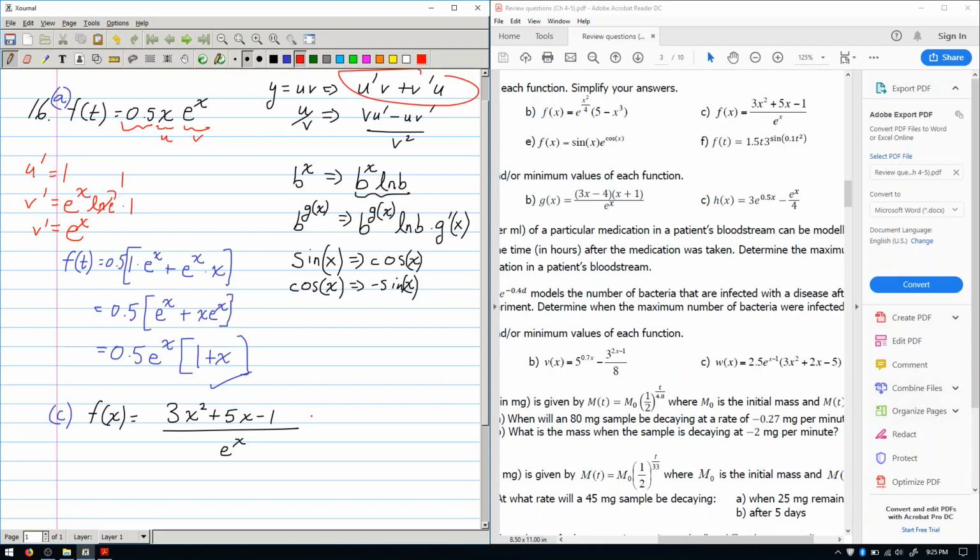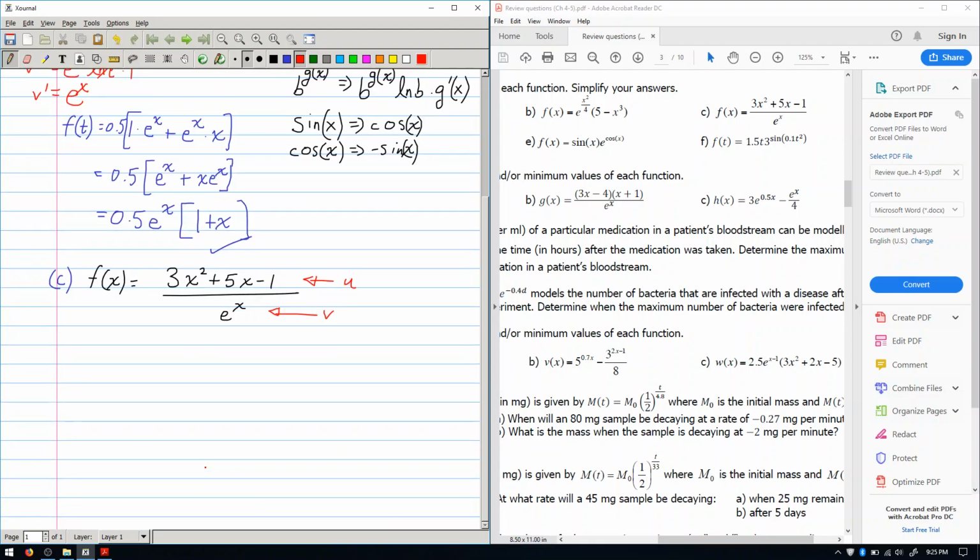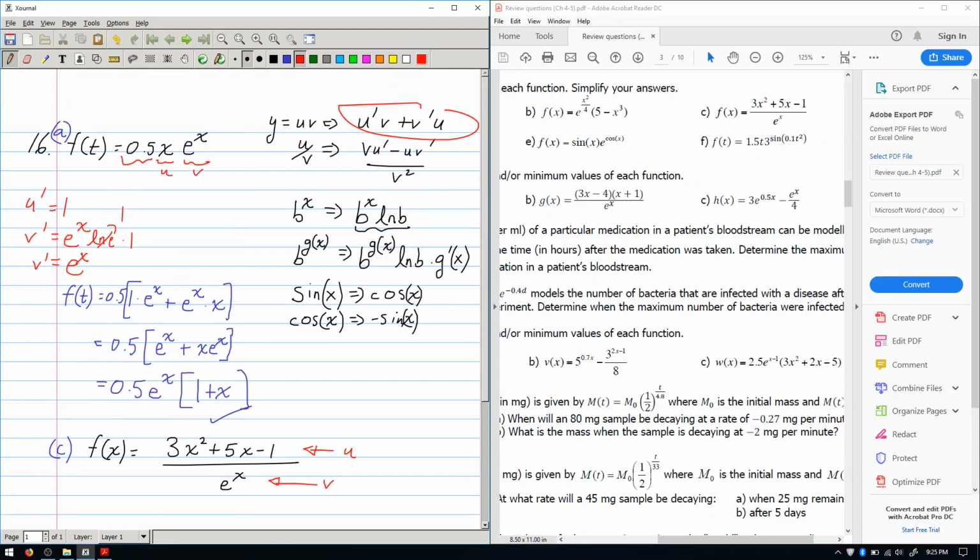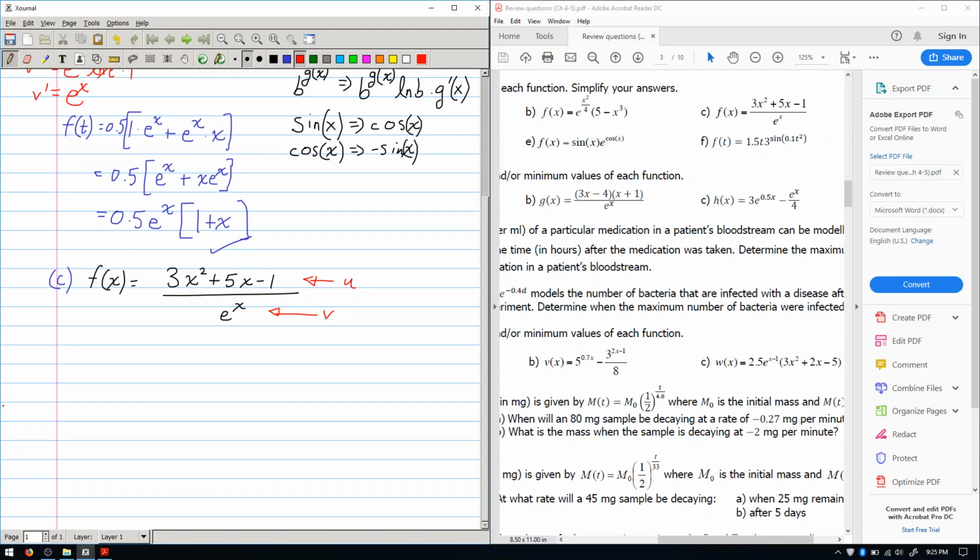So I'm going to call this thing on the top u, and I'm going to call this thing on the bottom v. And what I'm going to do is I'm going to apply the rule. This time, the rule I'm going to apply is quotient rule. So I need u prime, 6x plus 5, and I need v prime, and we already know what the derivative of e to the x is. We found it in the previous example.